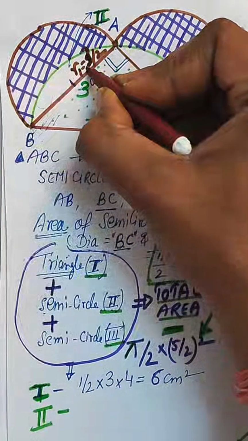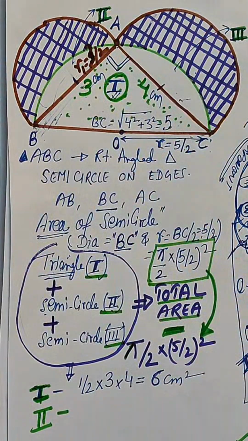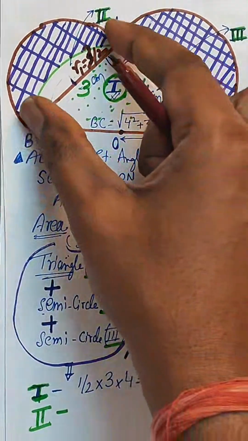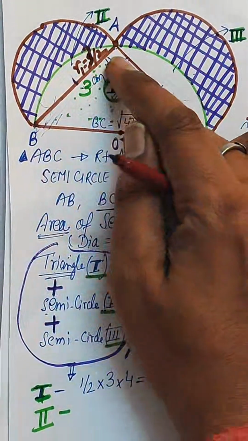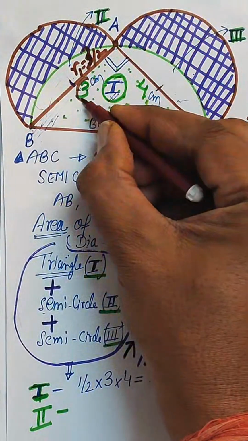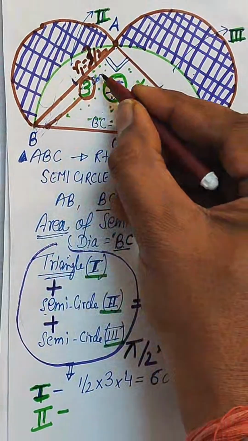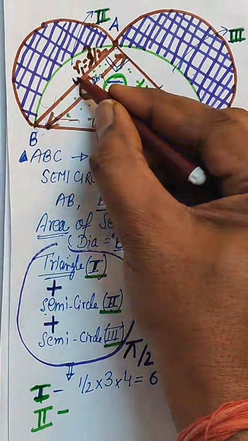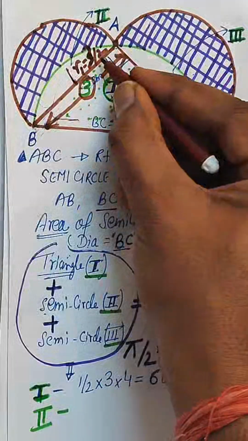It will be 3 by 2. So the second area is calculated as pi r square, where radius will be 3 by 2, because 3 is the length of AB, this one, right? 3 is the length of AB, then this radius will be 3 by 2, right?